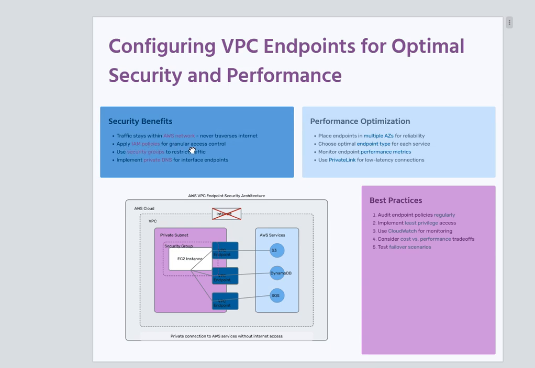Apply IAM policies for granular access control. You can use IAM, identity and access management policies, for granular-level control for each service. Then use security groups to restrict traffic. You can use instance-level security groups for the ENI, and that will restrict traffic even within the private subnet.